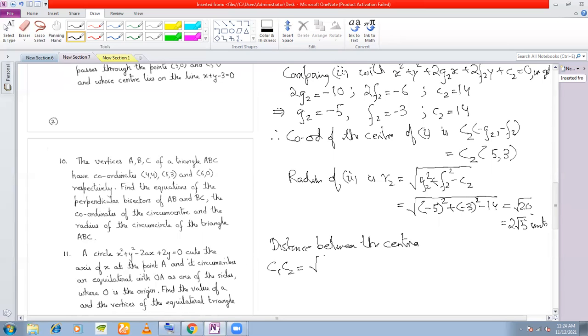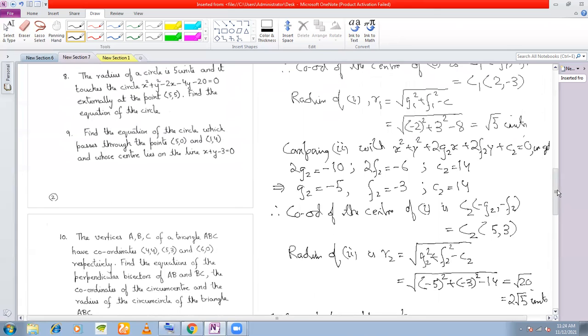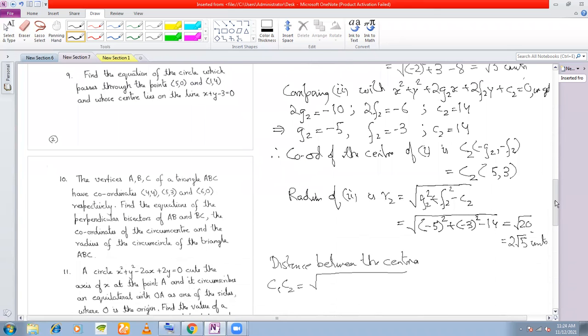The coordinates of the centers here are (2, minus 3) and (5, 3). By the distance formula, it is root over of (5 minus 2) whole square plus (3 plus 3) whole square, which is equal to root 45. Now root 45 is equal to 3 root 5 units.